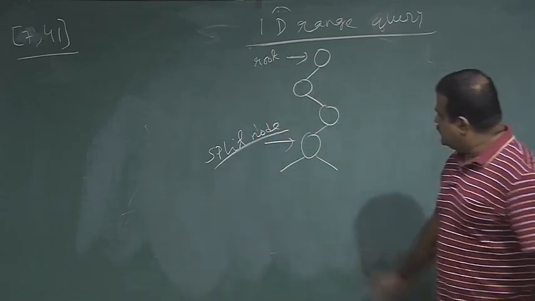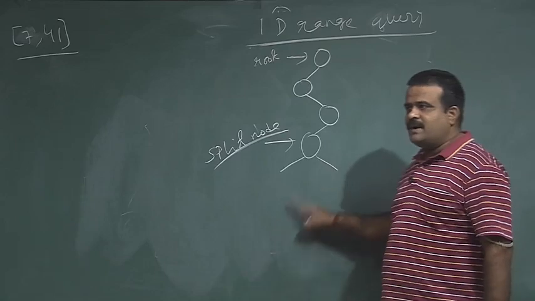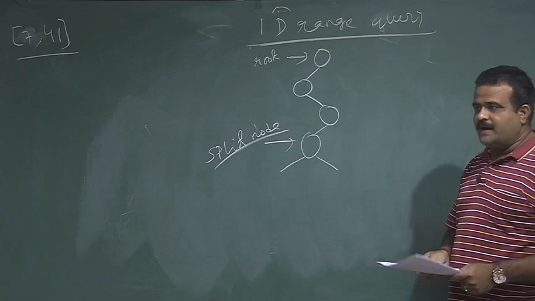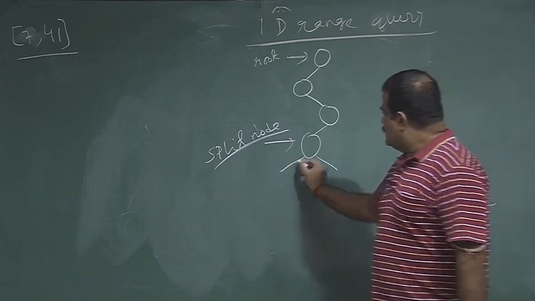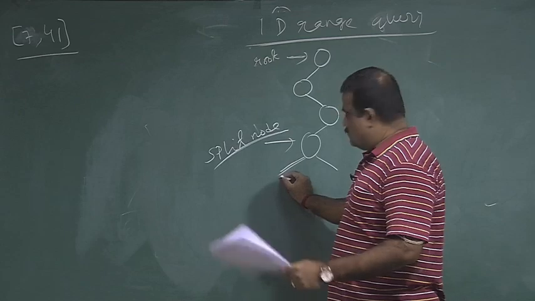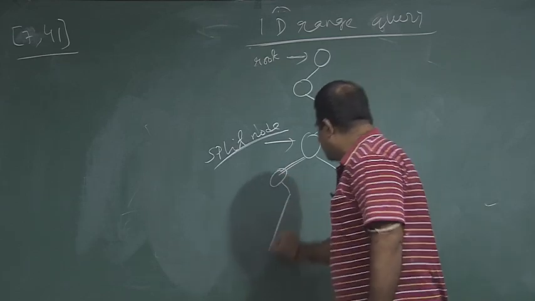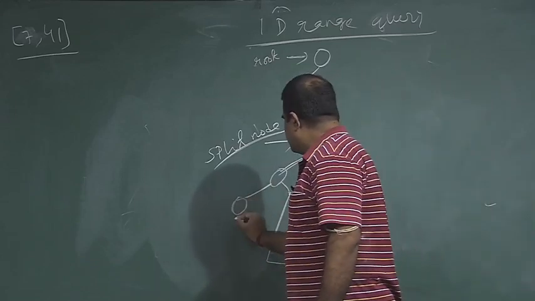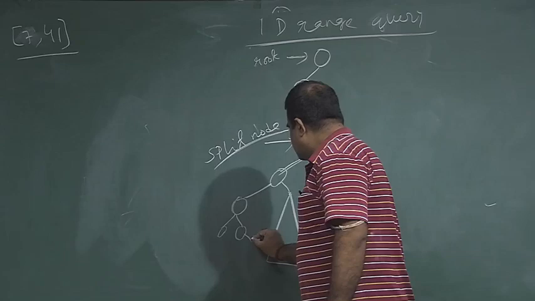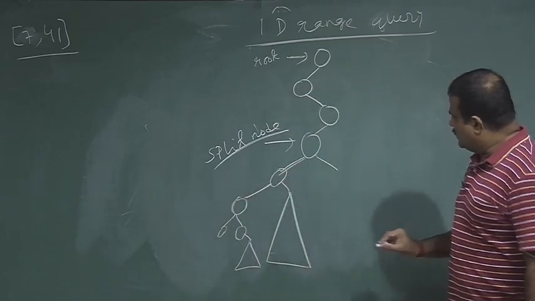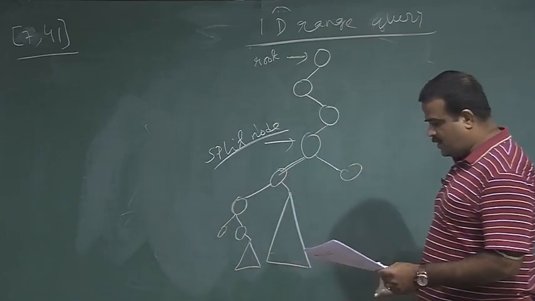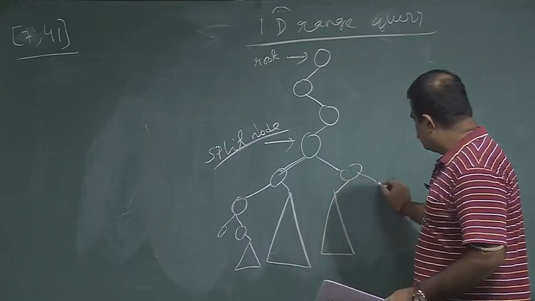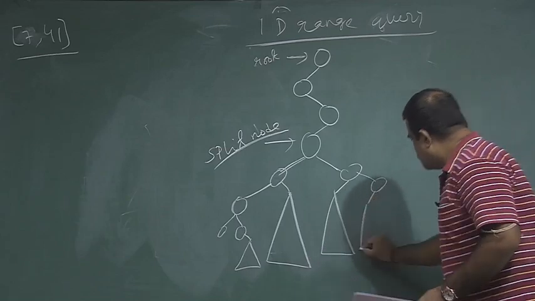Split node means a node where something is relevant in the left part and something is relevant in the right part. At the split node we continue traversing. Maybe we realize that everything here is in the range, then we go to the right like this. Then everything here is relevant, then we do it for the left part, and we see everything here is relevant, we go to the right, like this.